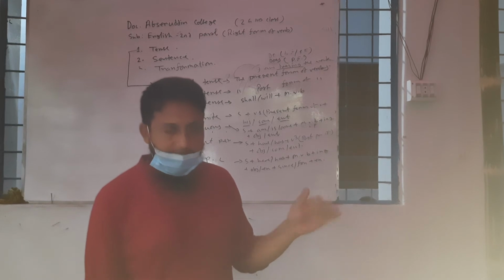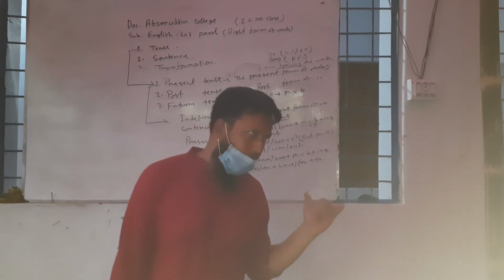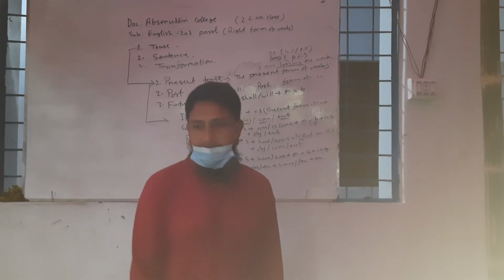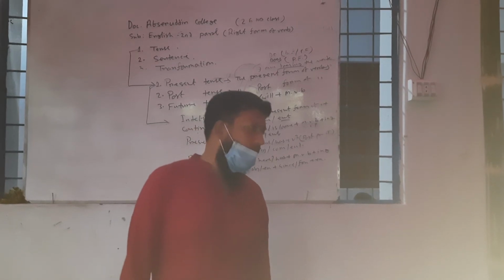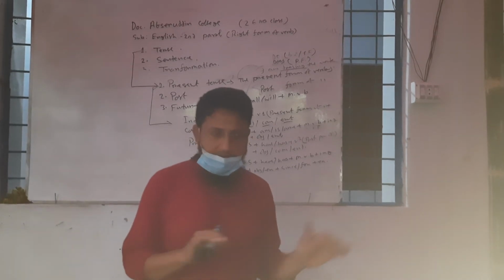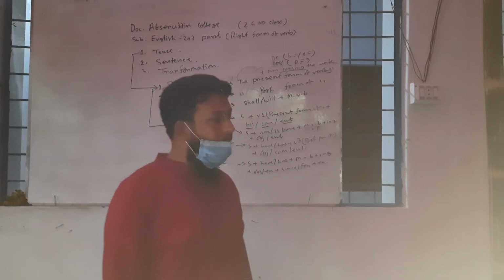Those also help you identify the present continuous tense. However, present continuous tense is a tense which will give you the continuous meaning, and it will be helpful to you.